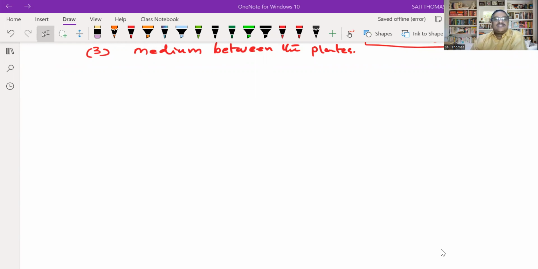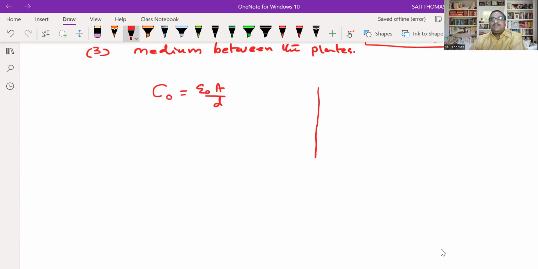First, we know the equation for the capacitance of a parallel plate capacitor with air between its plates. Recollect the equation we learned last class: let it be C0 equals epsilon 0 A by D.